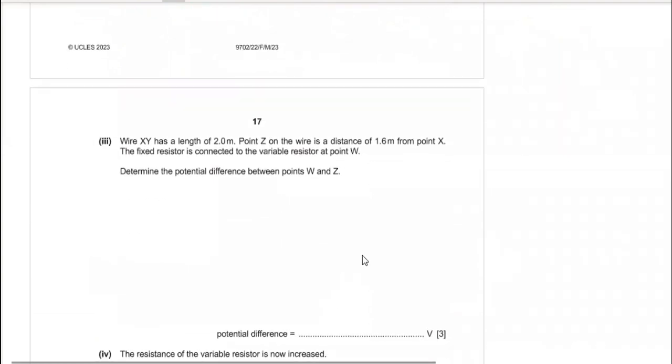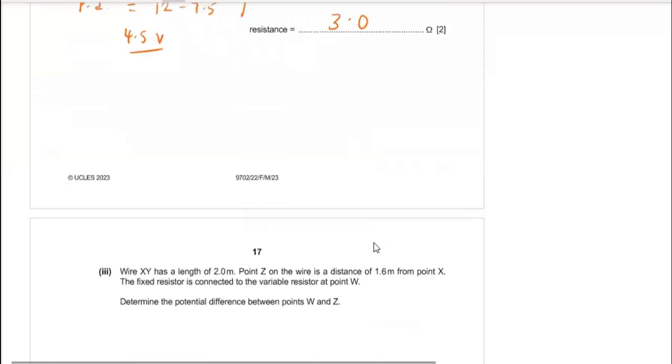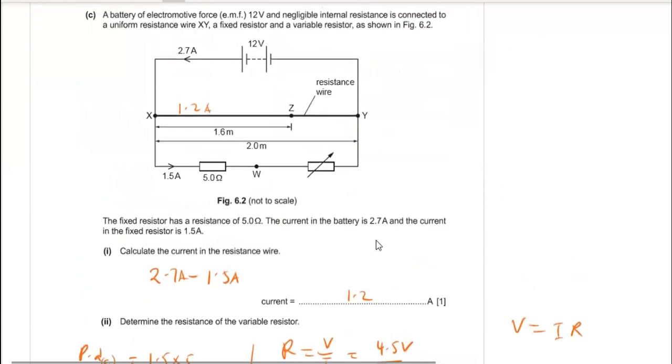Roman 3. Wire XY has a length of 2.0 meters. Point Z on the wire is a distance of 1.6 meters from point X. The fixed resistor is connected to the variable resistor at point W. Determine the potential difference between points W and Z. Let's look at the diagram.